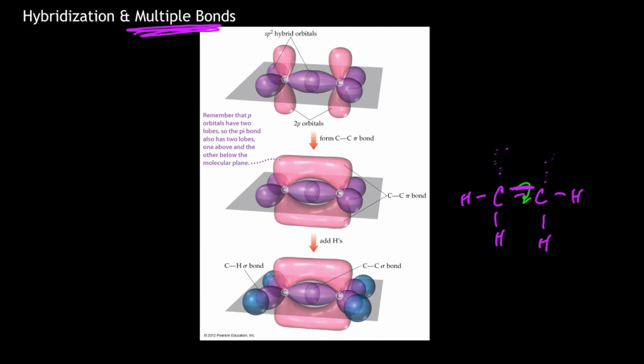And so the concept of sigma and pi bonding helps to put an explanation to that. So it's just another layer that helps to explain the observations that we see. Once we put that double bond in there, it is understood that this molecule does not have free rotation about that carbon-carbon double bond.